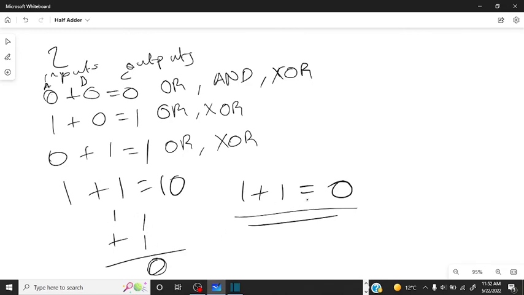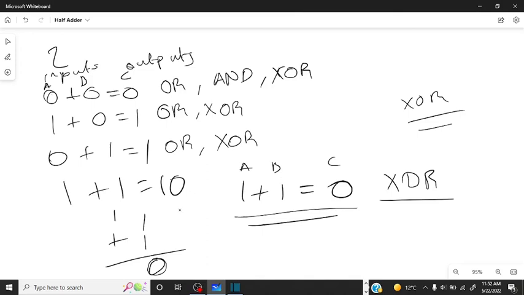So 1 plus 1 equal to 0. Now what logic gate, when its inputs are the same, will always give an output of 0? And the logic gate to that answer is the XOR gate. So the XOR gate has come out on every expression. This shows that the XOR gate will be used in the half adder. It's one of the gates which will be used in the half adder.